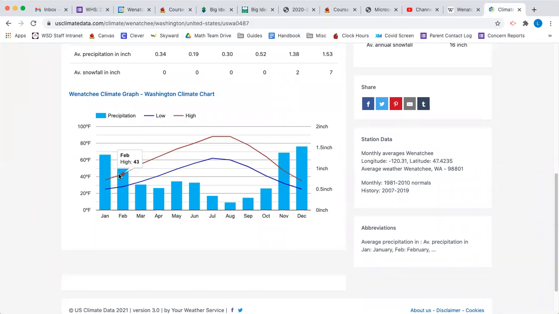So the precipitation data is in our bar graph, and the blue and red lines represent the high and low averages for each month of the year. So this works pretty nicely, especially when we have time on our x-axis, in particular for discrete categories like months.